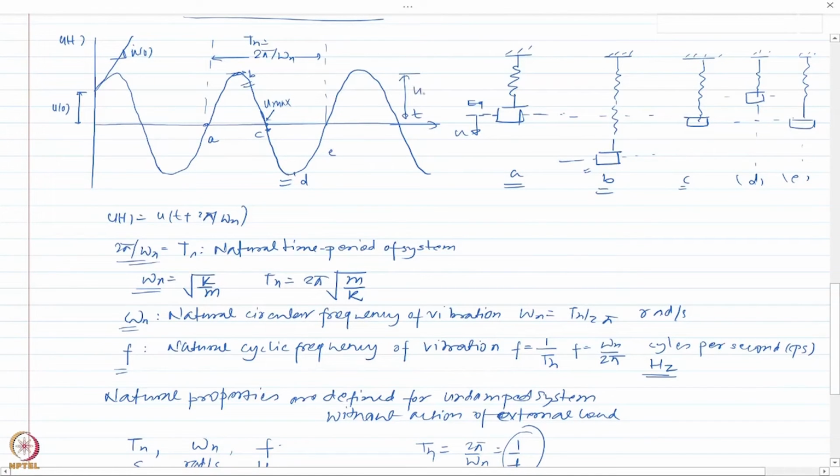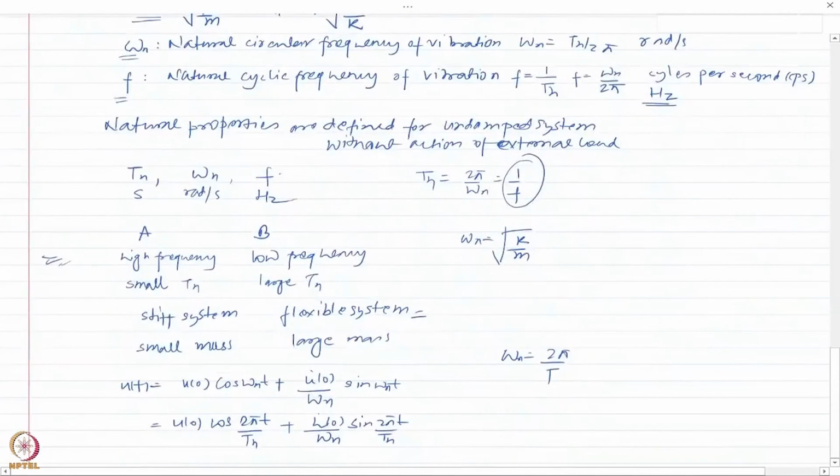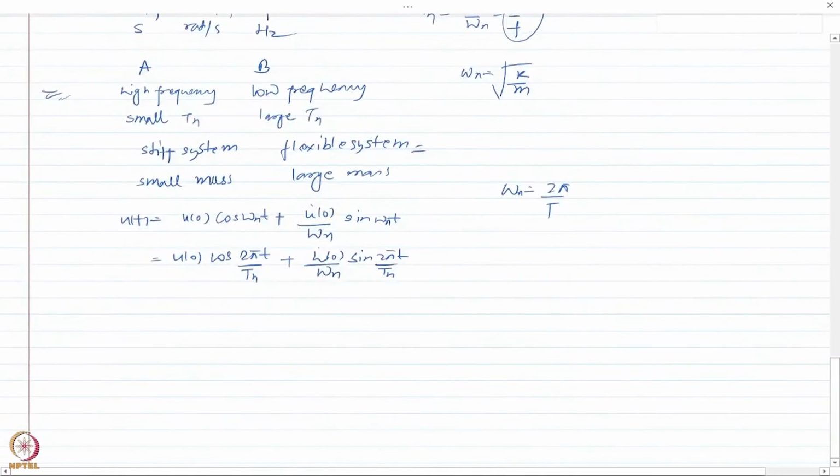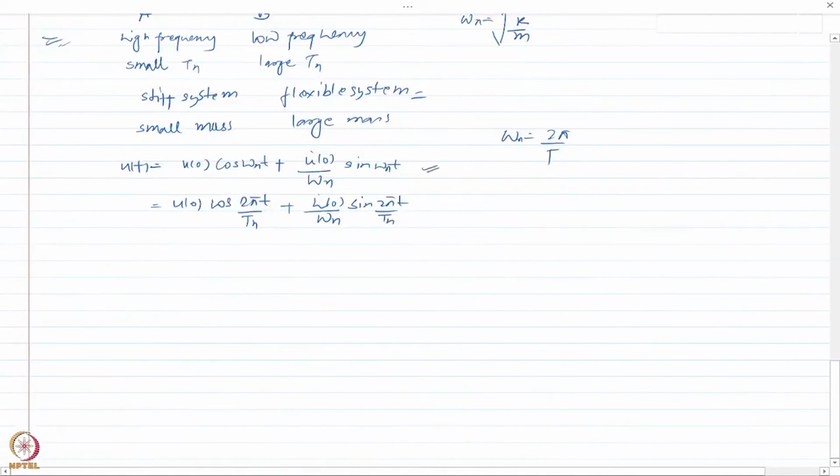Let us represent this using u naught. So the amplitude would be basically the maximum value of this expression that I have here. So I need to find out the maximum value of u of t. Let us see how we get that.